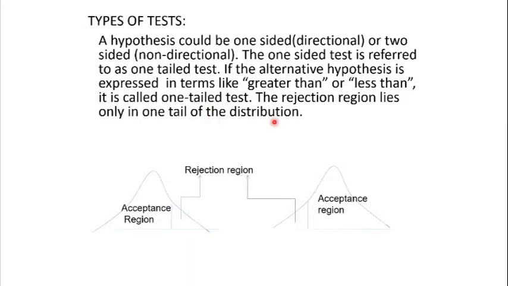So dito, pinapakita natin na itong part na to, let's say ito yung normal distribution natin. For the normal distribution, itong part na to, until dito sa line na to, itong whole region na to is the acceptance region. And then itong part na to is the rejection region. So one-tailed din siya. On the other hand, ito din, same lang siya. Itong part na to is the rejection region and itong part na to is the acceptance region.